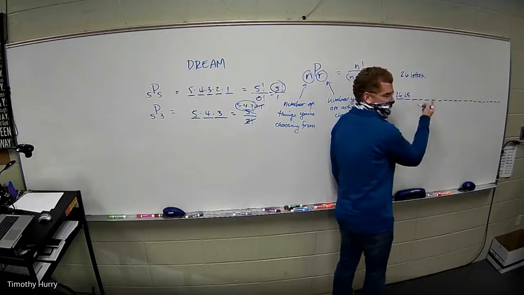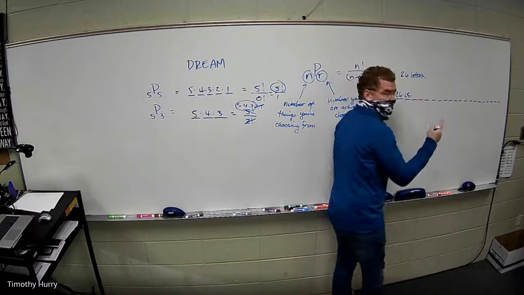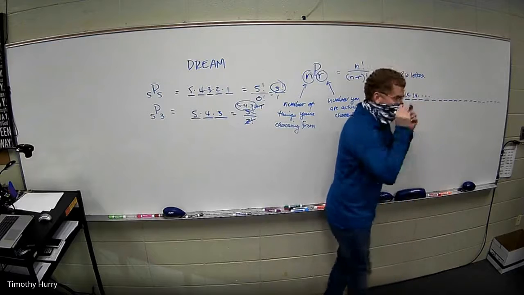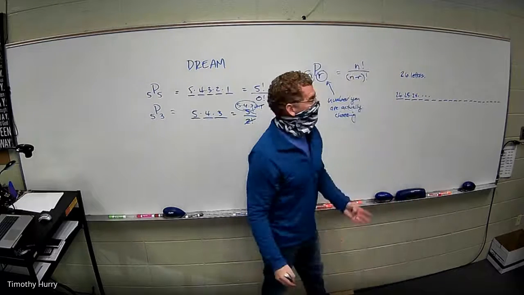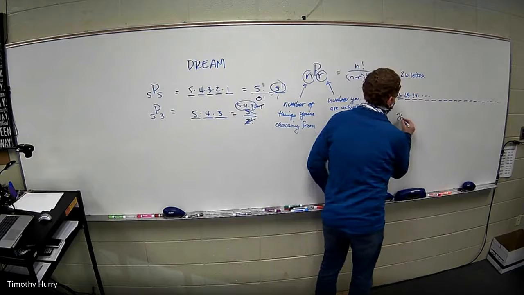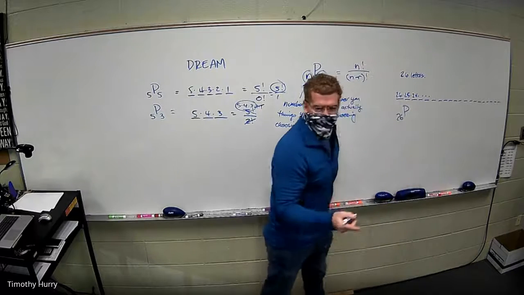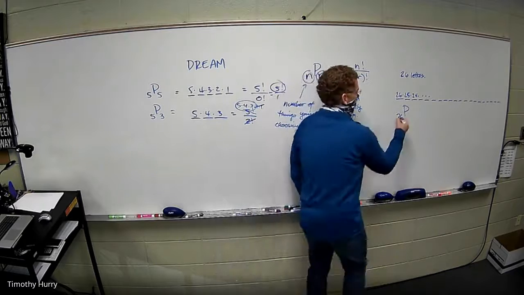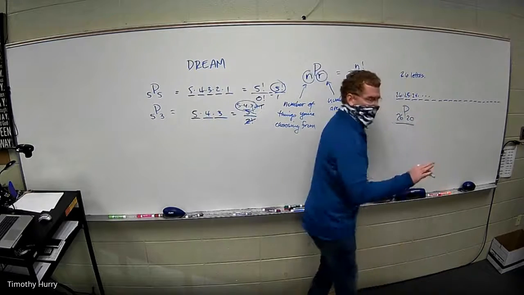And then after I pick again, I've got 25, assuming we only used each letter once. I'd have to go down this list, and it would be a lot to write out. But I could say, if there are 26 letters and I'm choosing 20 of them, I could just say 26P20 and call it a day.